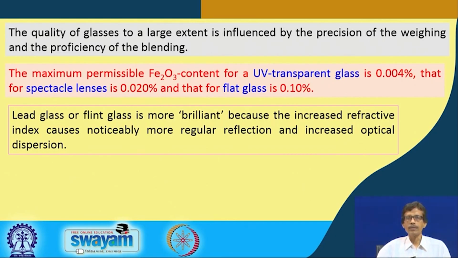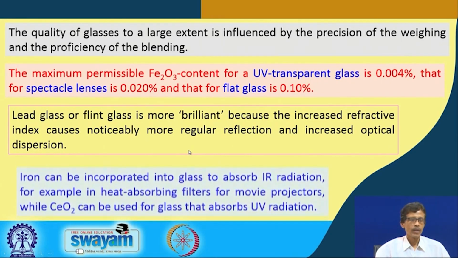Since this glass material has higher values of refractive index, it causes noticeably more regular reflections, so it is very shiny and reflects light back very nicely. That is why its brilliancy is more: regular reflection and increased optical dispersion. These two optical properties we obtain through the introduction of lead dioxide into the glass components.